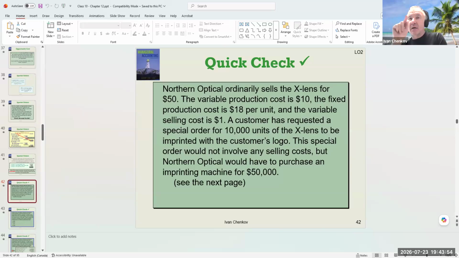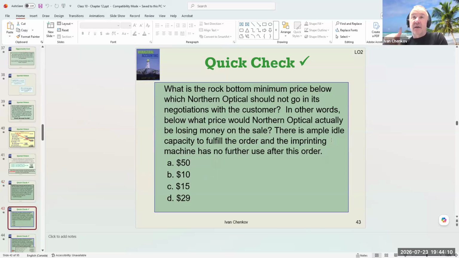But hold on a second. The special order would not involve any selling cost, but we have to purchase an imprinting machine for $50,000. This special machine, we have to spend $50,000.